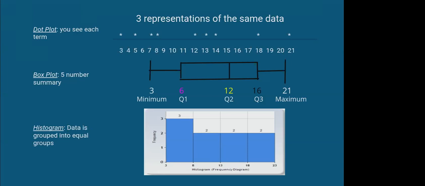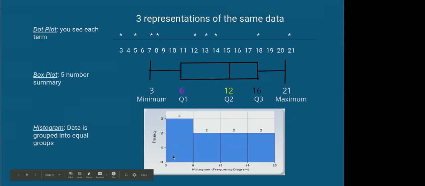So again, in this first bin between 3 and 7, we have three terms. Now, if we didn't see the data set, we wouldn't know what those 3 terms were. We would just know between 3 and 7, because remember 8 gets counted in the next bin, there are 3 terms.